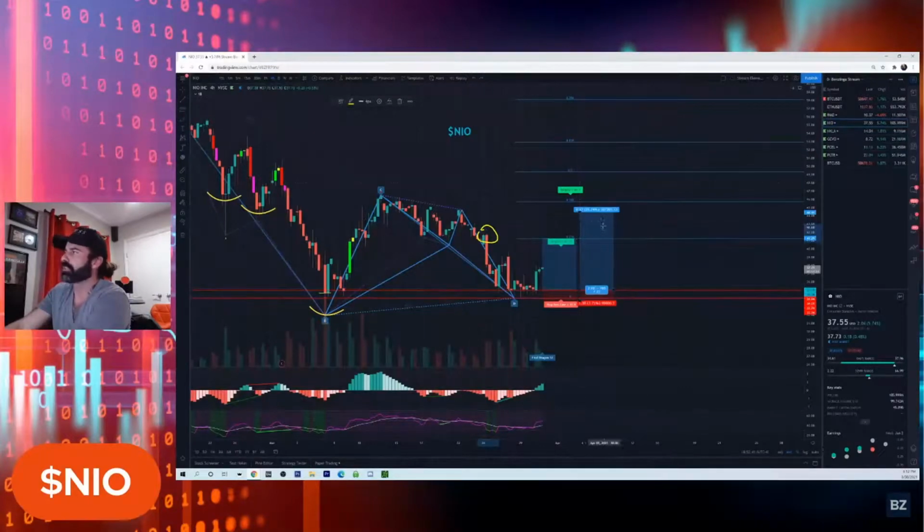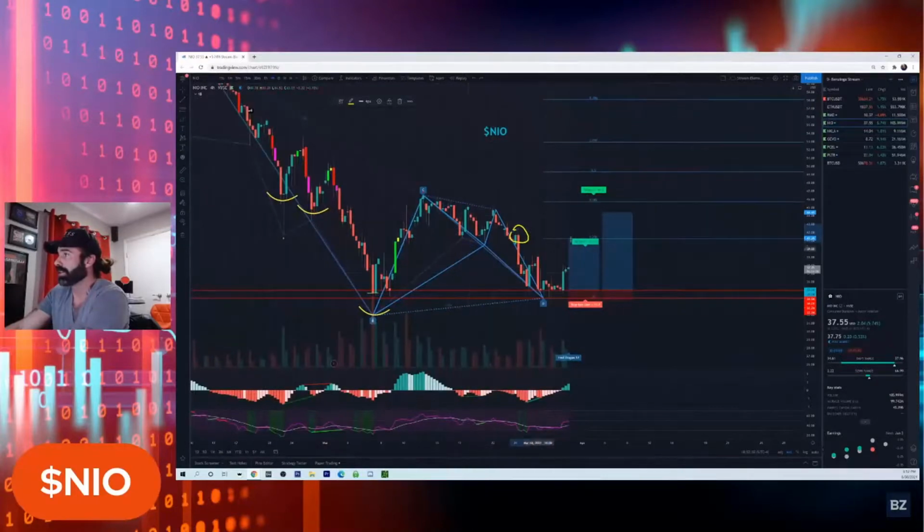Second target on this harmonic here would be, this would be your C point, and this would be your B. It's labeled different because this is another harmonic. It's a huge harmonic pattern. So what I would do with my C point is same thing.